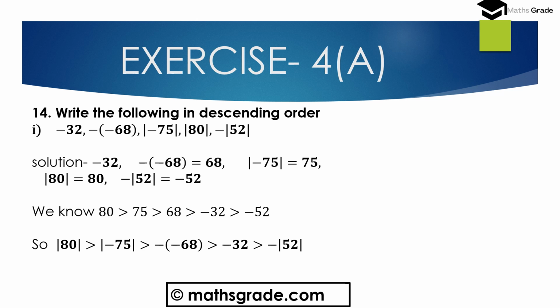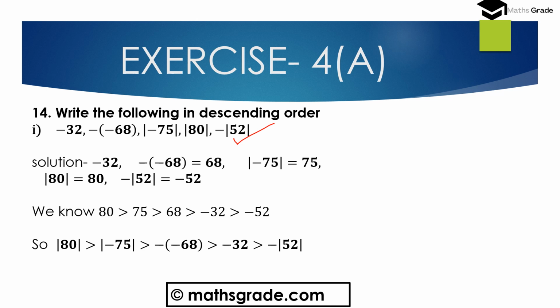Question number 14. Write the following in descending order. We have the integers. We have to arrange these integers in descending order, that is greatest to the smallest. First bit is minus 32, minus of minus 68, absolute value of minus 75, absolute value of 80, and minus of absolute value of 52.